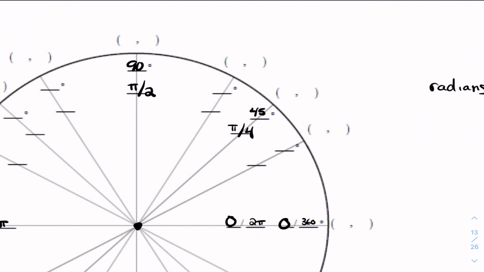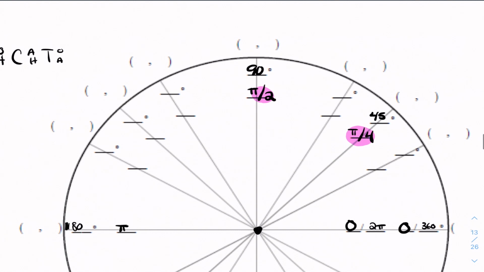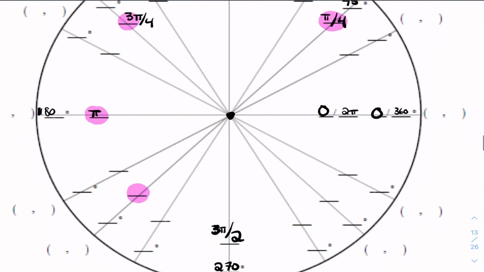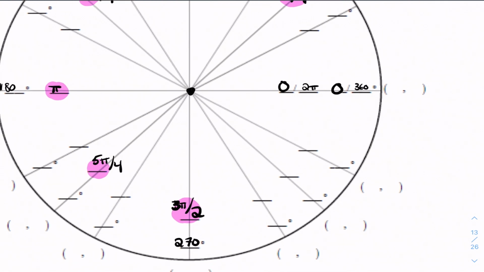So if you stay with me, 1/4, 2/4 is pi over 2, 3/4, so we have 3 pi over 4, and 4/4, which is 1 pi. Again, halfway in between would be 5/4, or 5 pi over 4, 6 pi over 4, which is 3 pi over 2. And last one is 7 pi over 4.